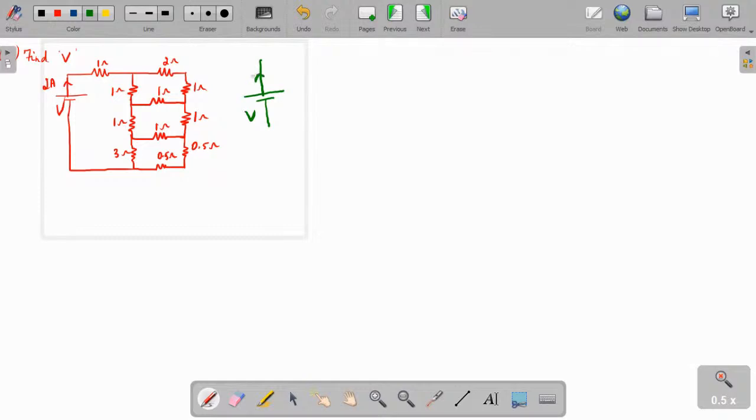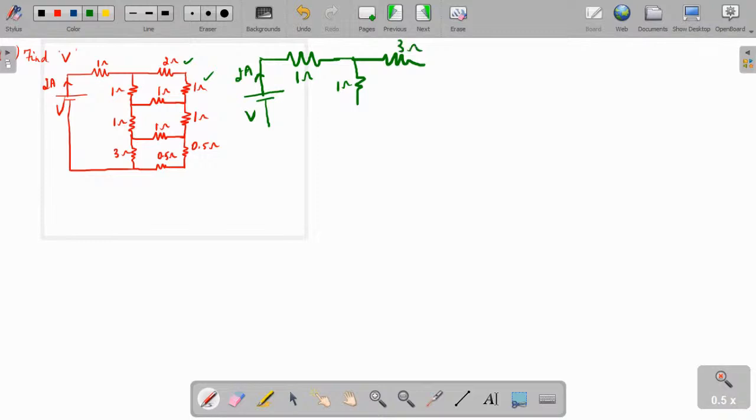So this is V, this is 2 ampere, this is 1 ohm, this is 1 ohm, and what about this 2 ohm and 1 ohm in series? So we can write that as a 3 ohm resistor.